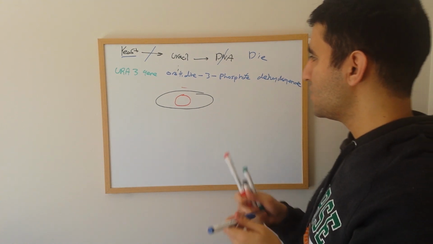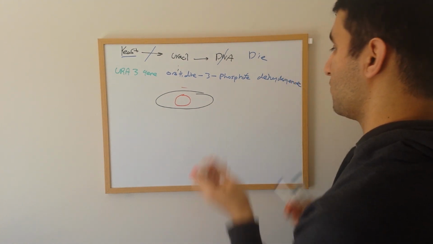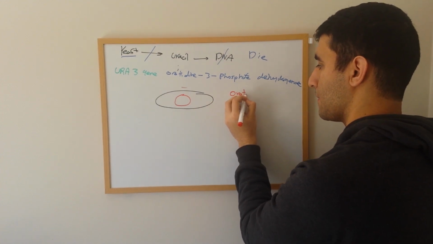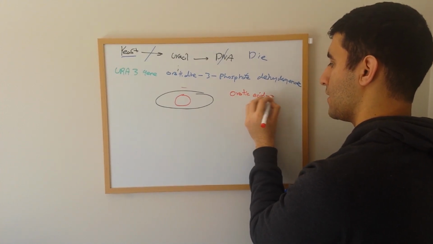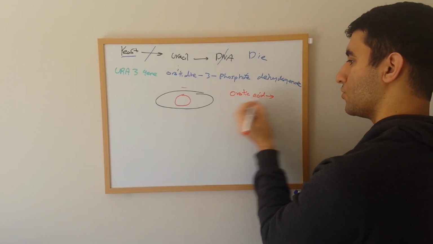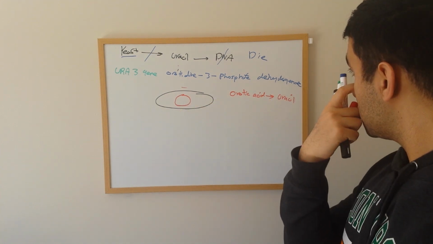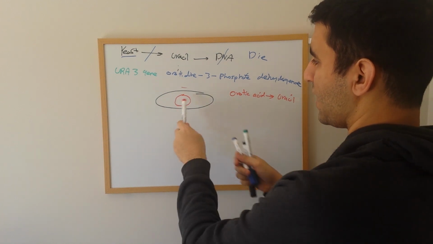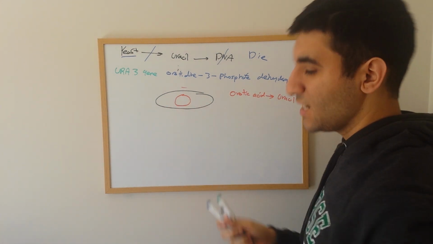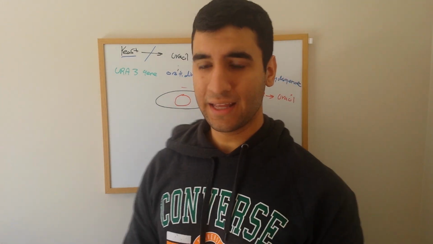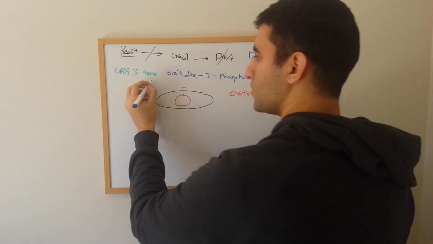This enzyme is responsible for the production of uracil from orotic acid. So this yeast has been synthetically mutated so that it does not contain the URA3 gene.